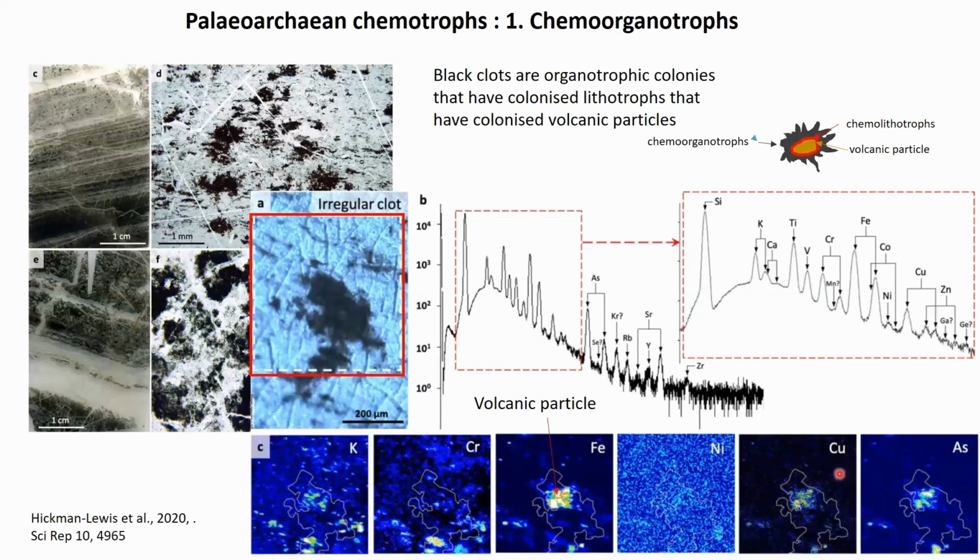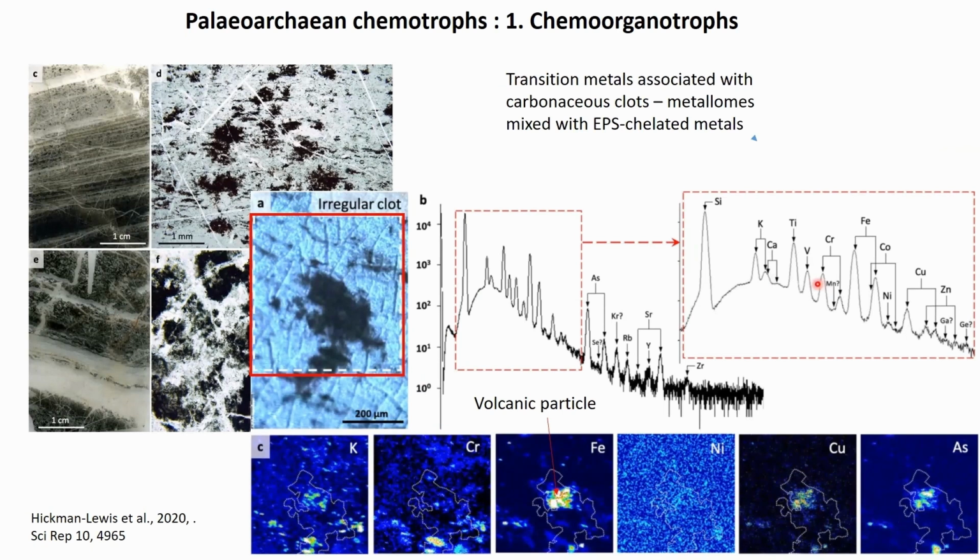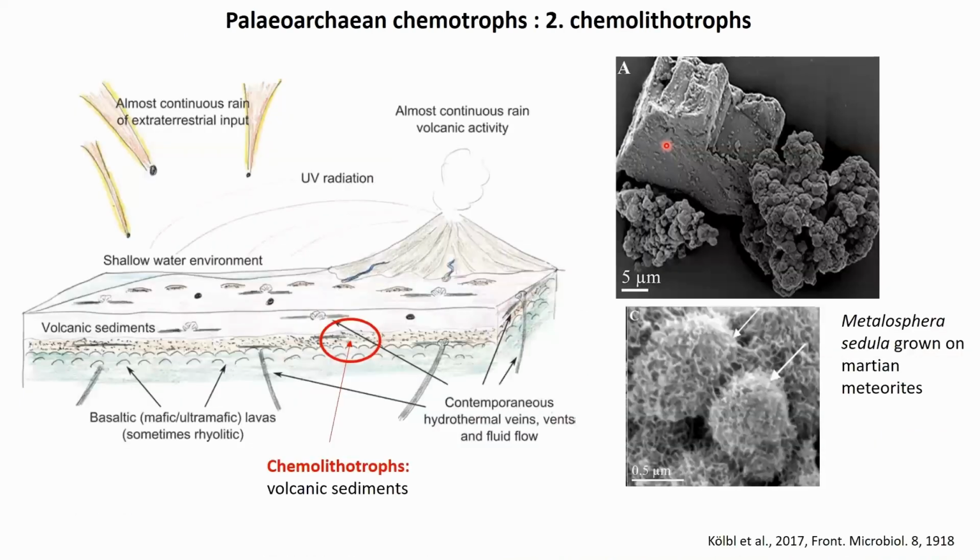But still associated with the organic matter, there are these transition metals that are important for microbial metabolisms, and because the early ocean was so enriched in these transition metals, any EPS would have chelated the metals as well. So we use this as a biosignature.